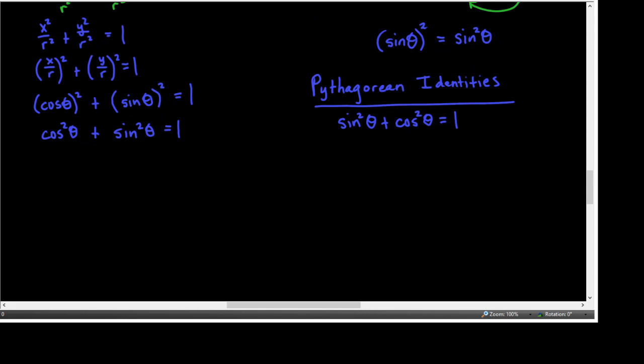Okay, now let's say that we start with the Pythagorean relationship. Again, x squared plus y squared equals r squared. And this time I want to divide both sides by x squared.